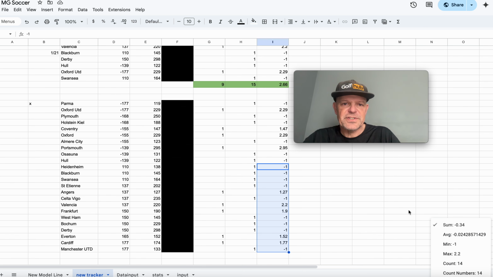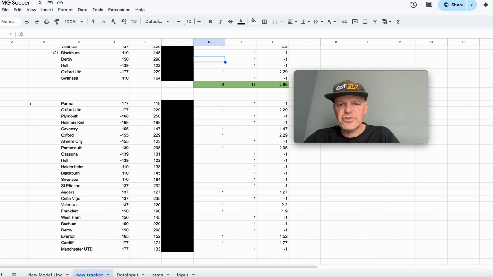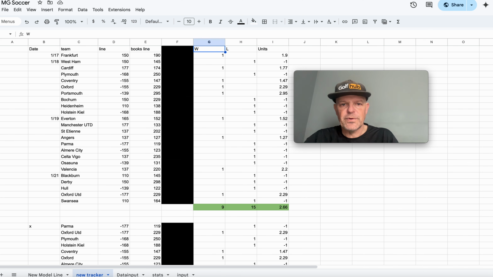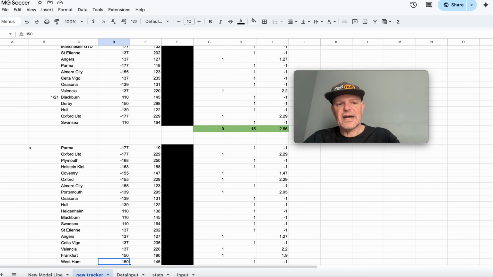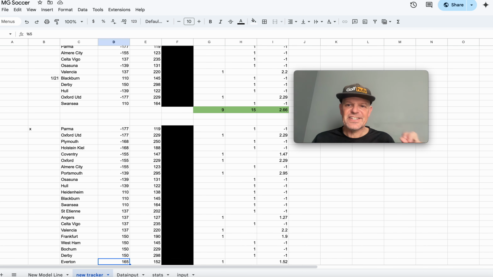The reason why this is so important, if you were just tracking this normally without using any kind of sort feature or trying to, quote, make your models better, you would look at all of this up top and just assume, hey, we yielded 2.66 units. We had an ROI of 11%. That's good without any thought. And that would be good. But by using this sort feature and just playing the, quote, top teams, we can invest less and actually make slightly more.